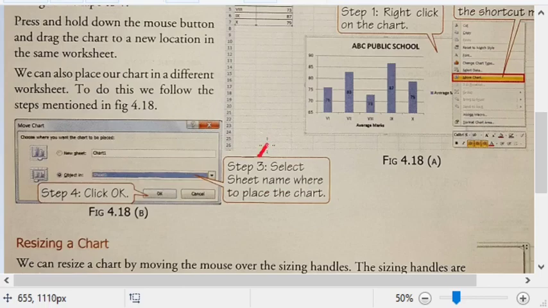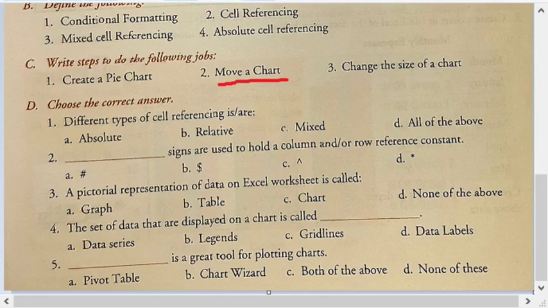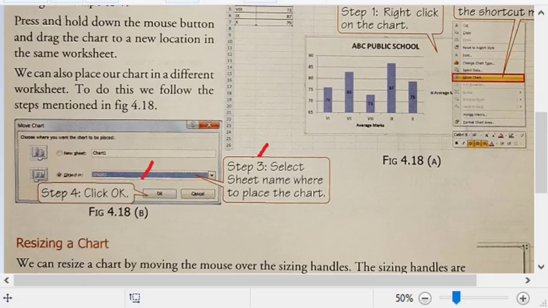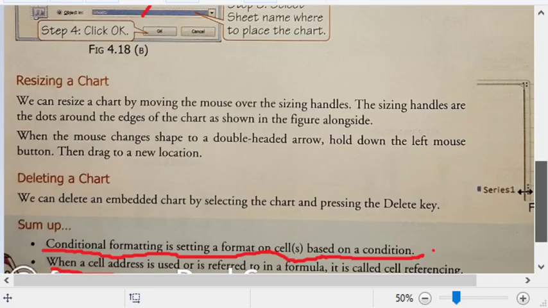Next question is change the size of the chart. It is also given on page number 38. Resizing. We can resize a chart by moving the mouse over the sizing handles.